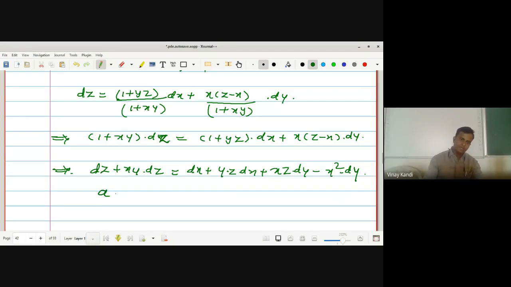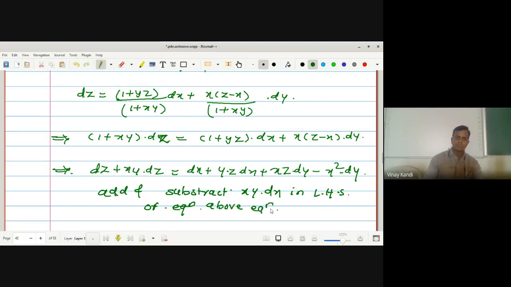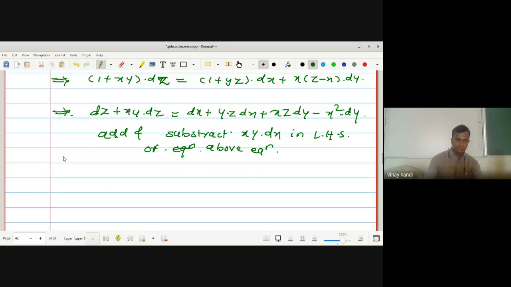Now add and subtract xy into dx in the left hand side of the above equation. So here we get, which implies so this is dz plus x into y dz.